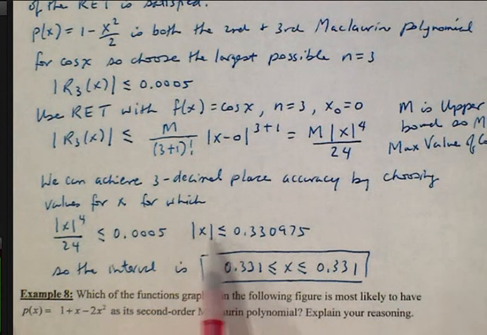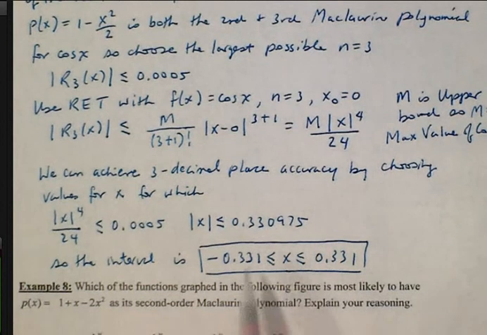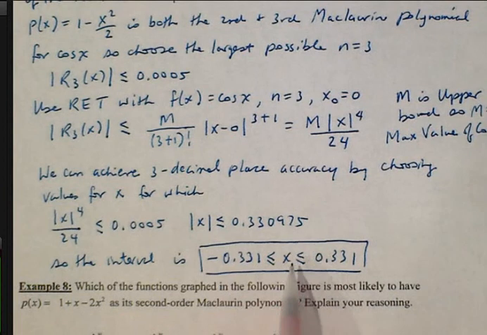I get the absolute value of x is less than or equal to 0.330975. That means the interval would have to be between negative 0.331 and 0.331. I just took away the absolute value, so now it's a double inequality: x is greater than or equal to negative 0.331 and less than or equal to 0.331.